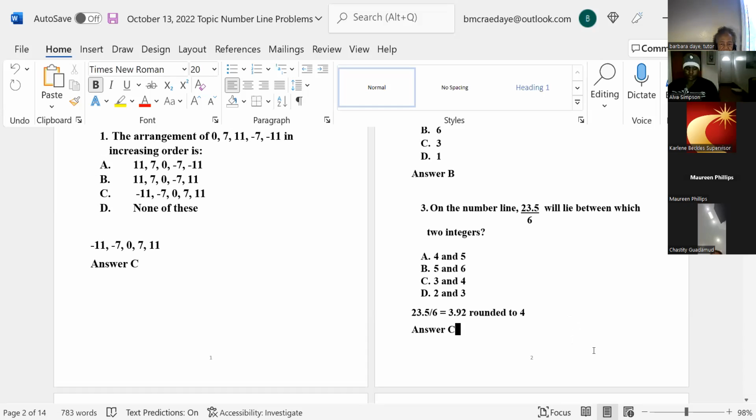It's optional that you send it to me before class because we'll go over it, but it's good to try it because you see just where you are. And if you have any problems, you can text me or email me or call me and we'll go over it.